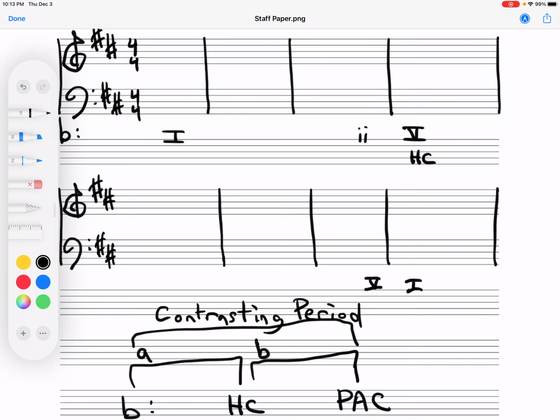I could put 1, 5, 1. And you know what? I just realized, of course, I made the same mistake earlier today. I'm in minor. So I'm so used to writing these chord symbols in major. 1, 5, 1, 2, half diminished. I have to invert that. And between these two chords, well, I could put a 6 maybe, or a 4. Okay, since I'm just doing the chord progression, I'll make it easy like that.